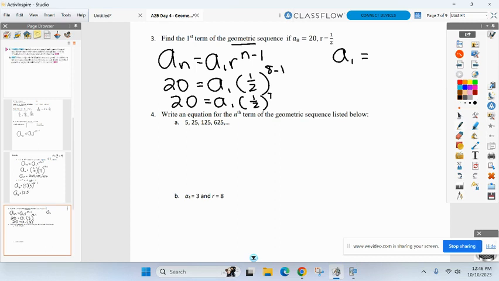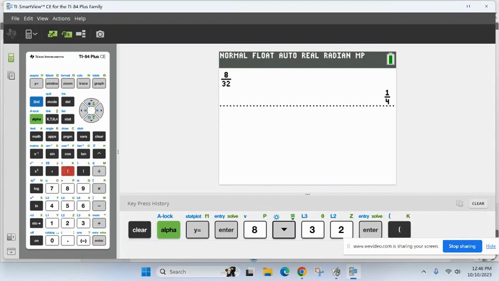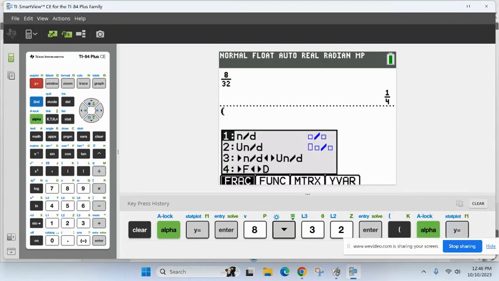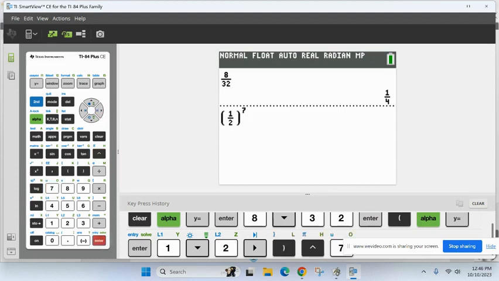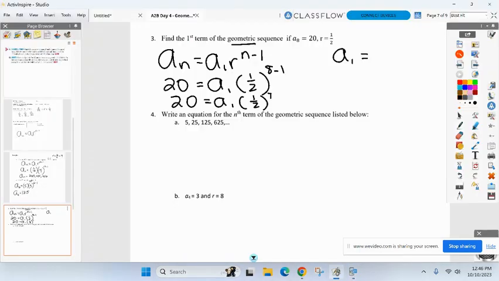I'm doing, here you go, ready? Look, I'm doing 1/2 raised to the 7th. All right, I get 1/128 or whatever decimal that is, but that's with, let me show that step here.